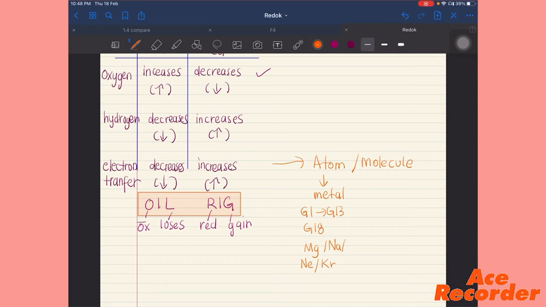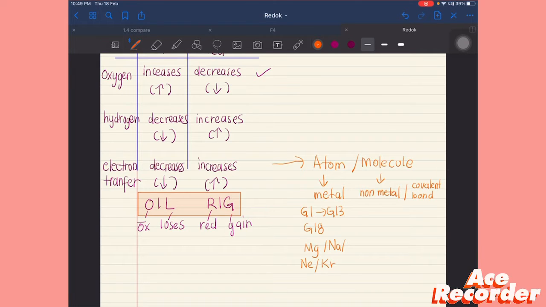Okay, molecule is normally non-metal and normally it is a covalent bond. Covalent bond is the reaction between non-metal and non-metal. So all the molecules or non-metal or covalent bond, you just write as the symbol also.